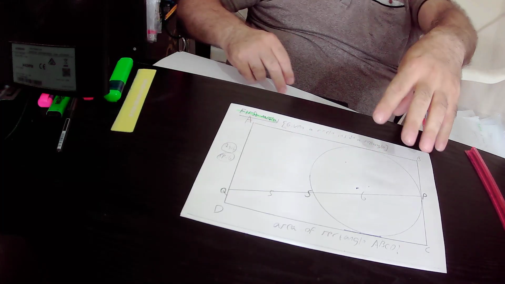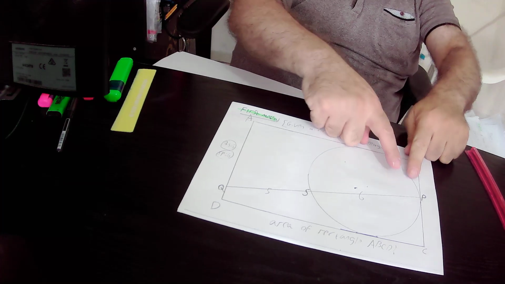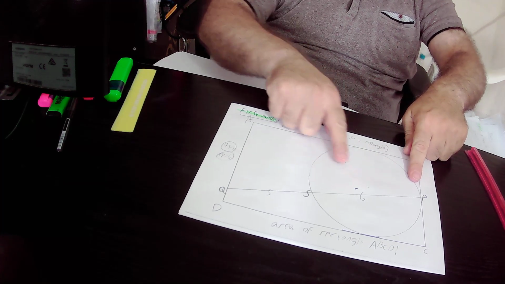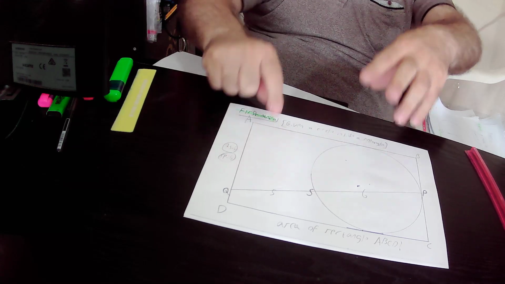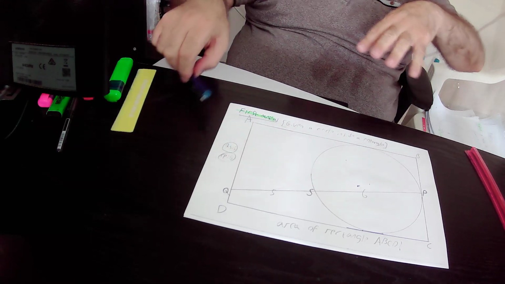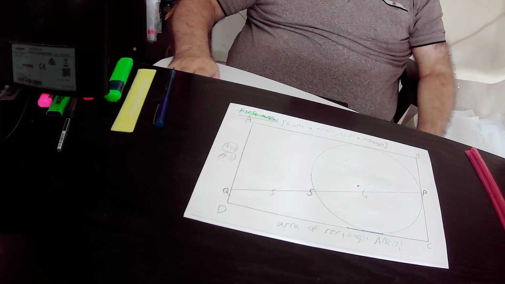Inside the rectangle ABCD, we have this circle. Chord PS equals 6 units. Line segment SQ equals 5 units. And our mission is to find out the area of rectangle ABCD.